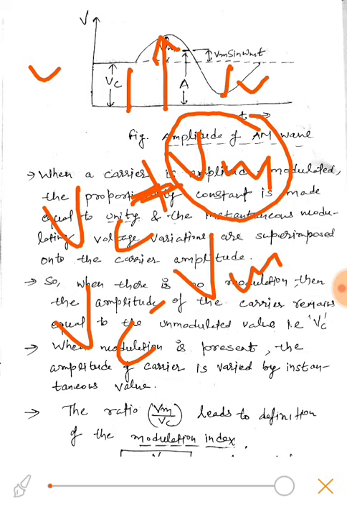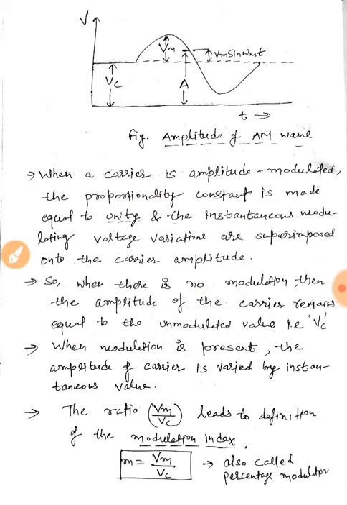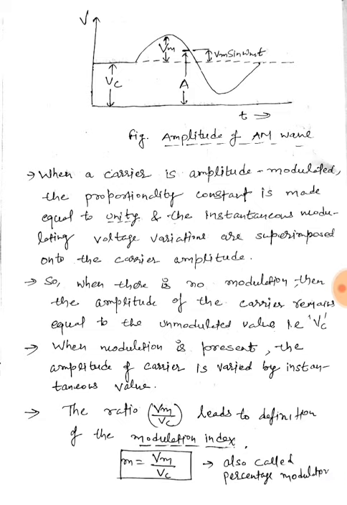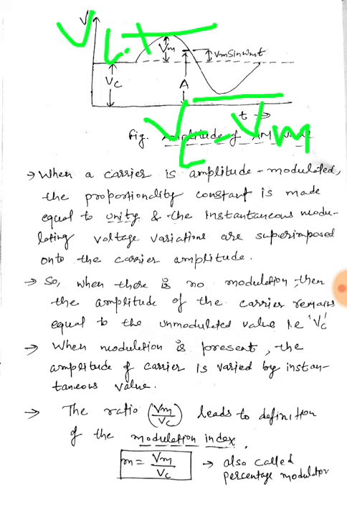So it can vary from Vc minus Vm to Vc plus Vm. So this is how it can vary.